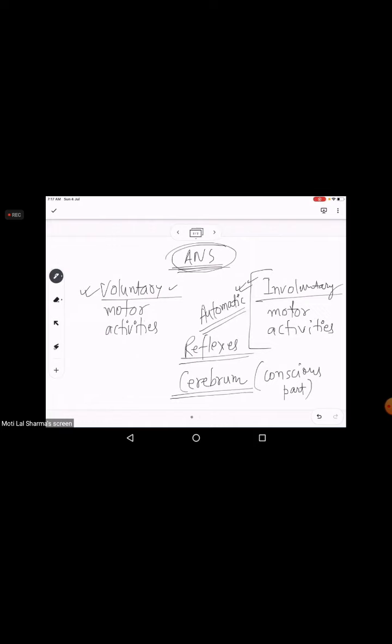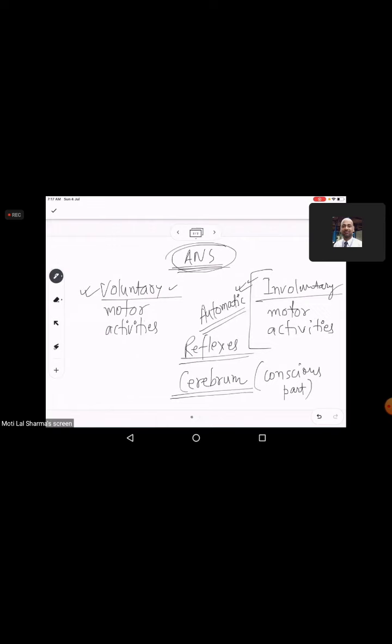This autonomic nervous system is the division that regulates your involuntary, automatic motor activities, those motor activities which do not involve your cerebrum.